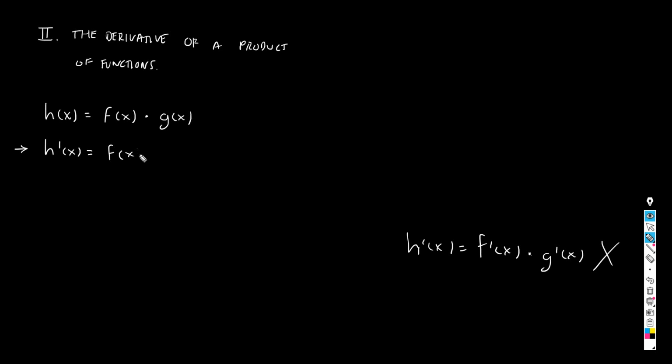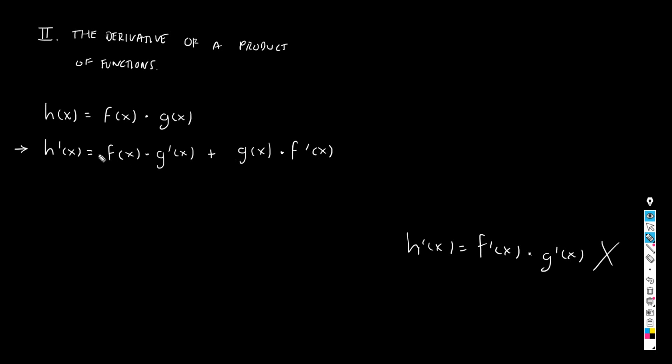the first function times the derivative of the second, which is g in this case, plus the second function without the derivative, you see, times the derivative of the first one.